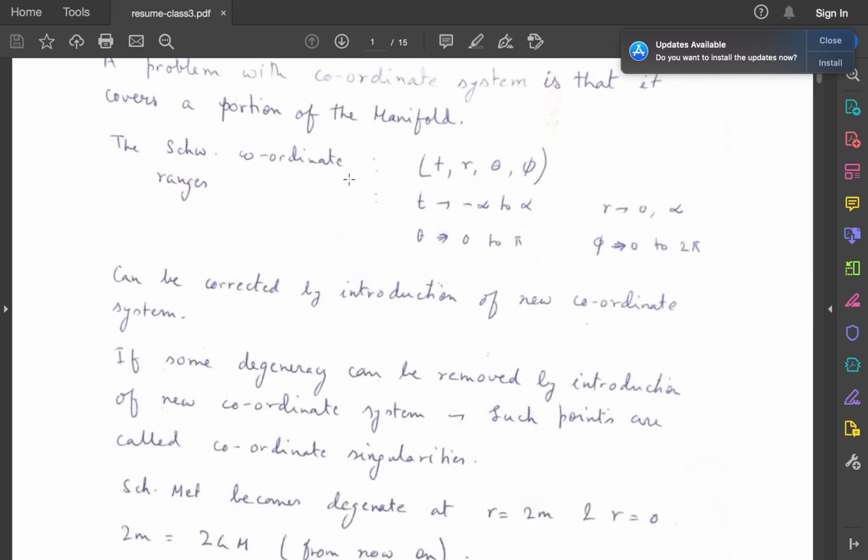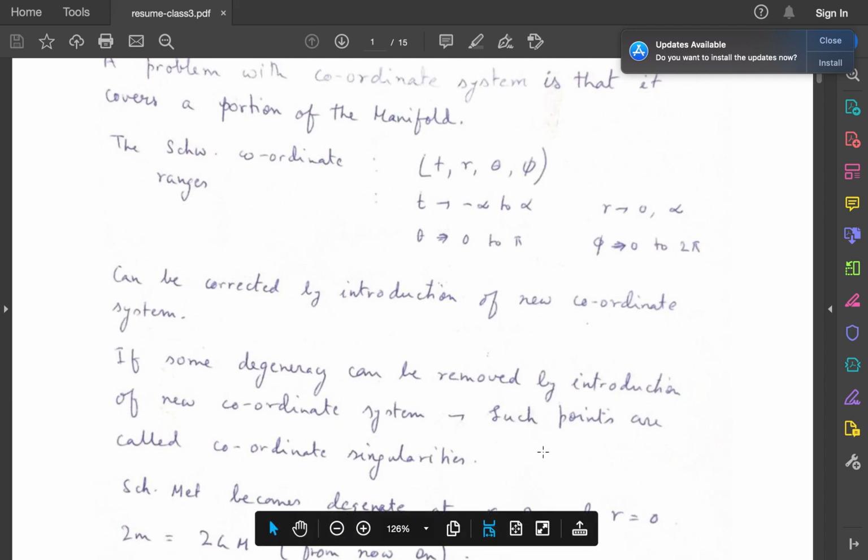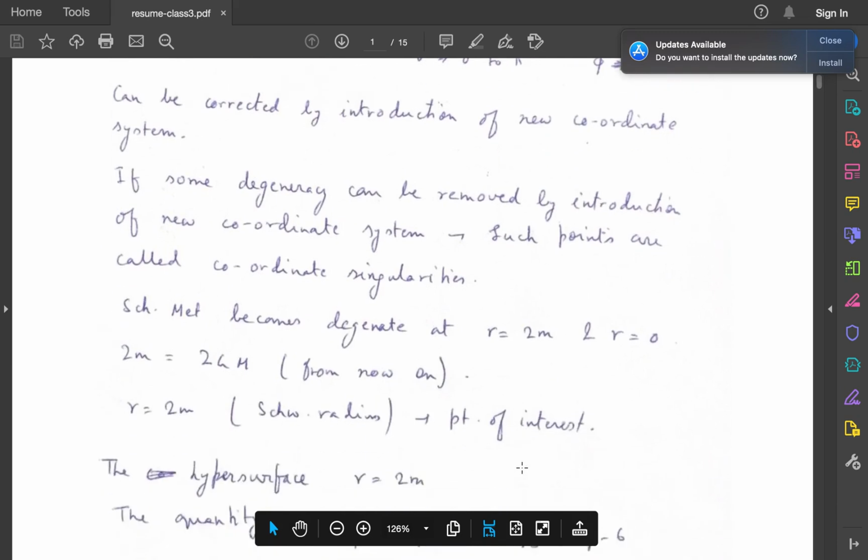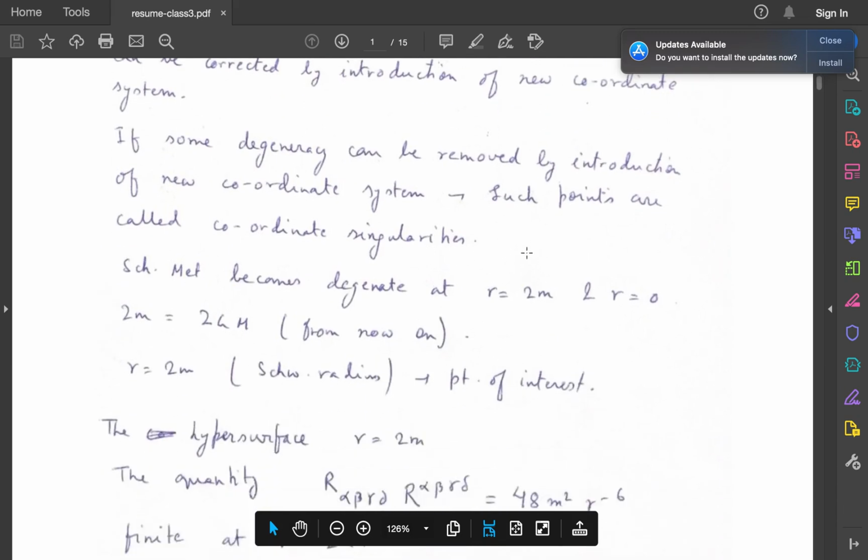So what can be done with this type of coordinate system is that we can choose some other new coordinate system where these things can be bypassed. Some degeneracy can be removed by the introduction of a new coordinate system, and such points are known as coordinate singularities. Let us check whether r equal to 2m is a coordinate singularity or not.